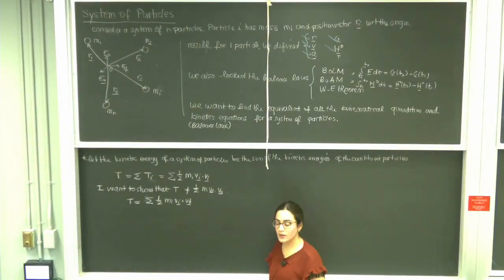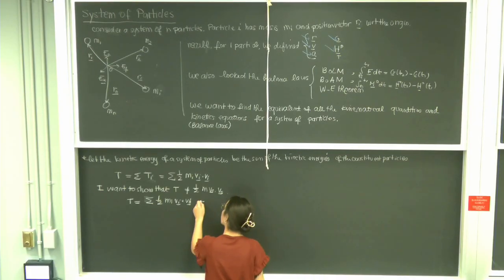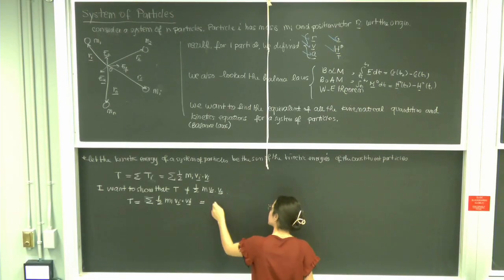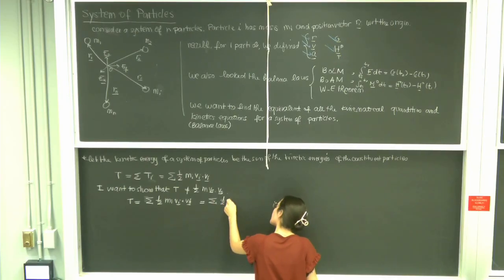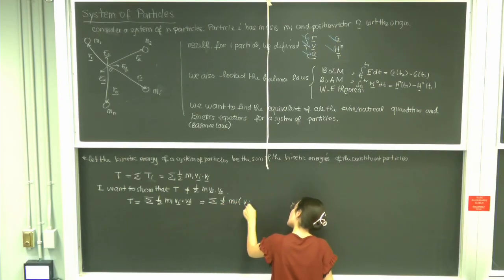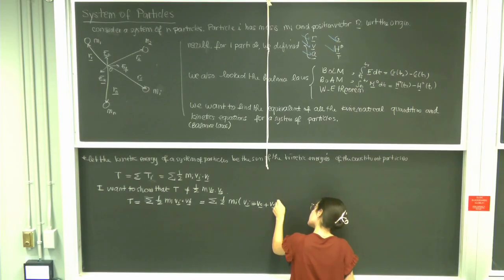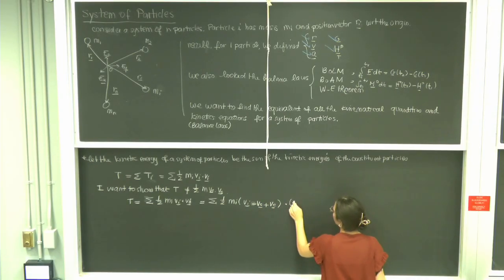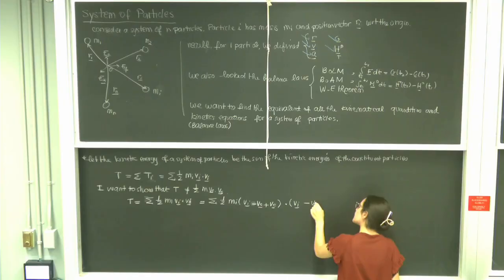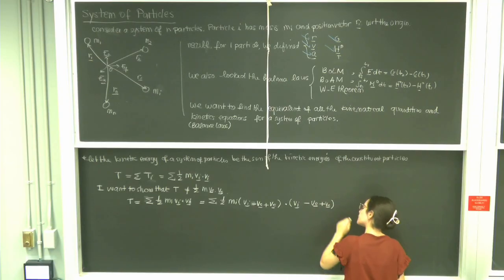Questions? Okay. So I'm going to introduce Vc. I'm going to say that T is equal to the sum of half mi (vi minus Vc plus Vc) dotted with (vi minus Vc plus Vc).